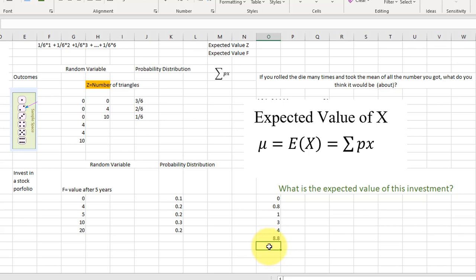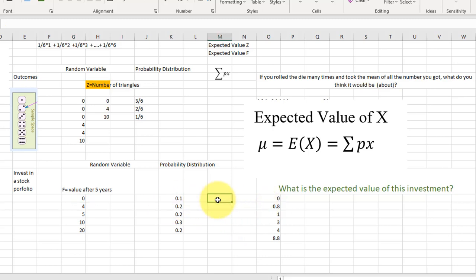Now, notice that according to the way we set things up, it's never going to be worth 8.8. It's either going to be worth 20, 10, 5, 4, or 0. So this is just sort of like the average or the expected value, the mean of this. So what did we just do?